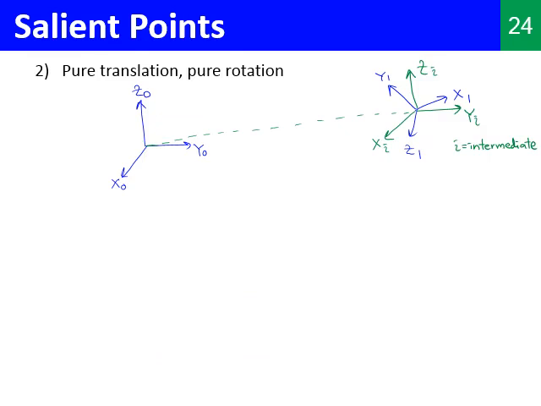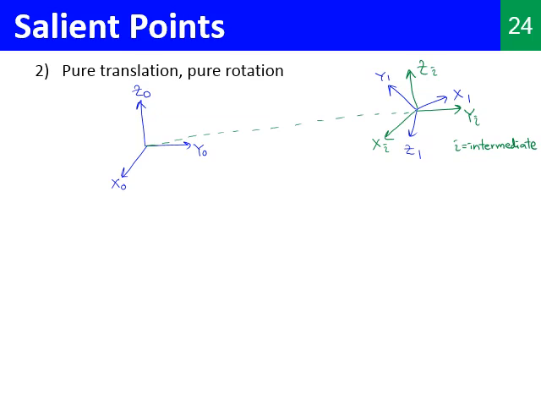So the case number 2 is pure translation followed by pure rotation, right? So we take this frame and do a pure translation without changing its orientation, and finally do the orientation change using a pure rotation. Okay, so for that we can again write it as two basic homogeneous transformation matrices.